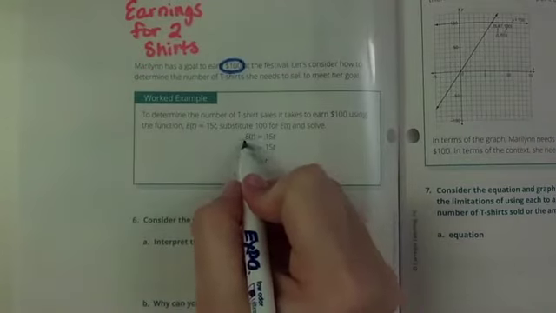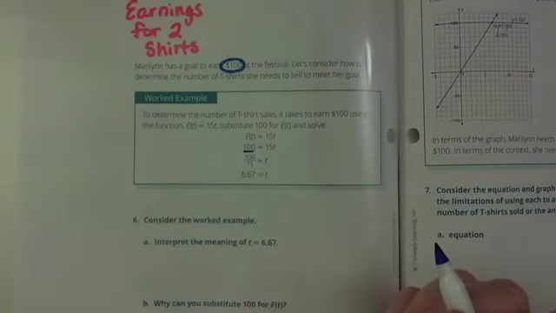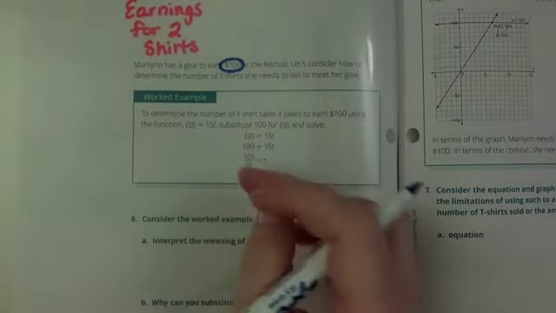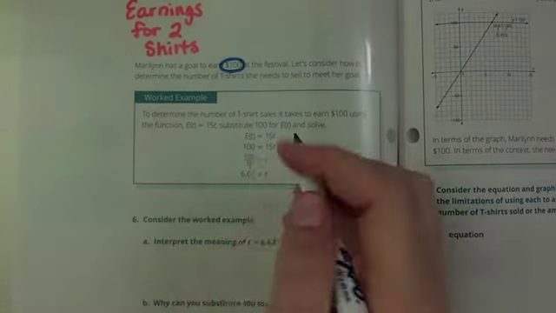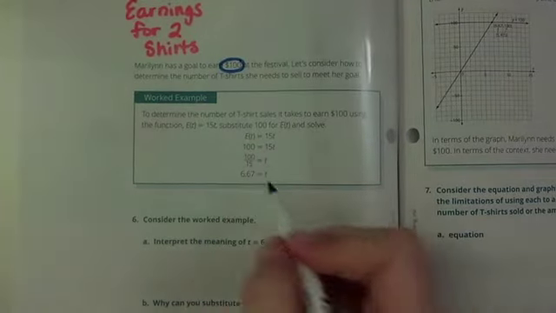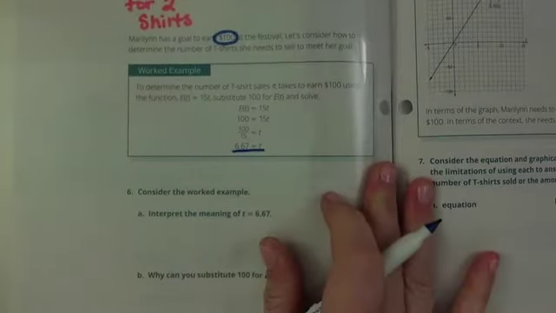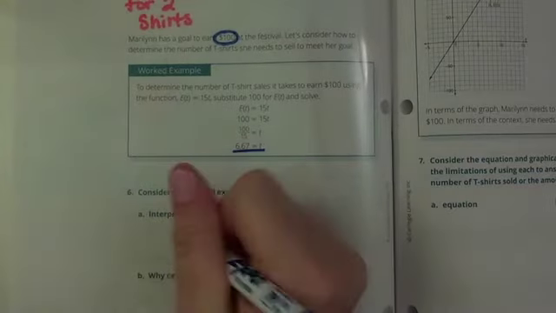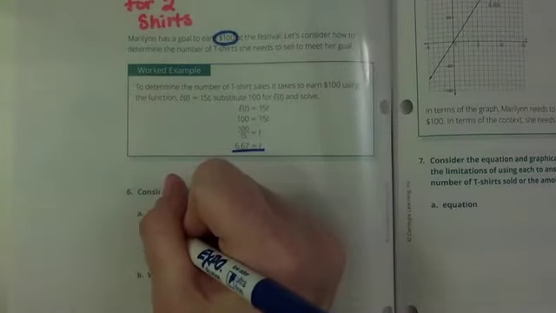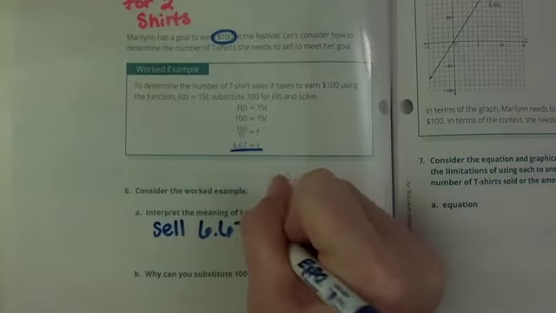So she took the E of t, the amount earned, and wrote out 100. Now, she wants to make $100, and it's $15 per shirt, so she just divided 100 by 15 and got 6.67 t-shirts. So the t equals 6.67, so sell 6.67 shirts.